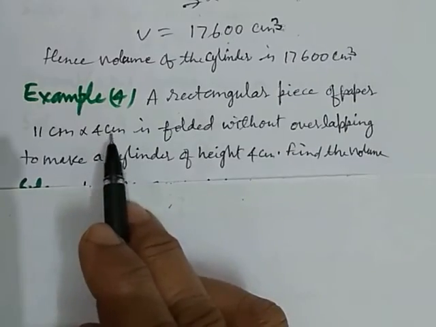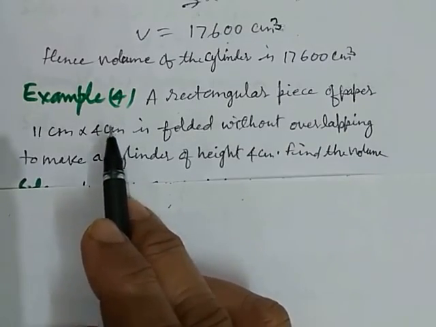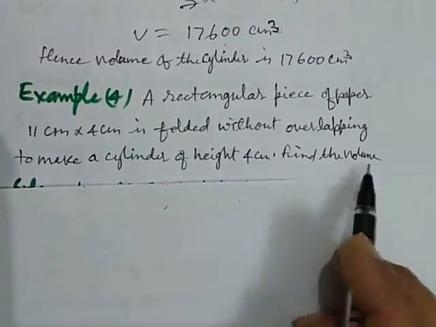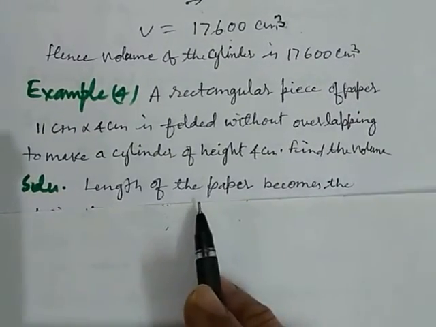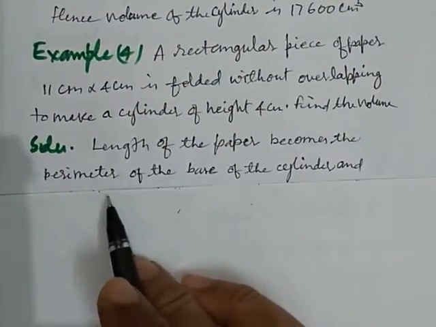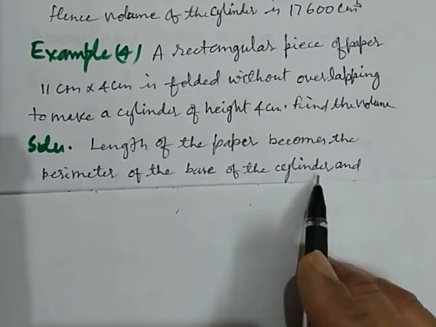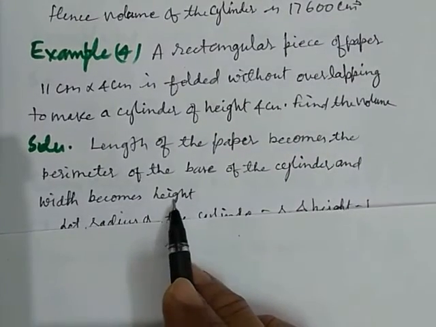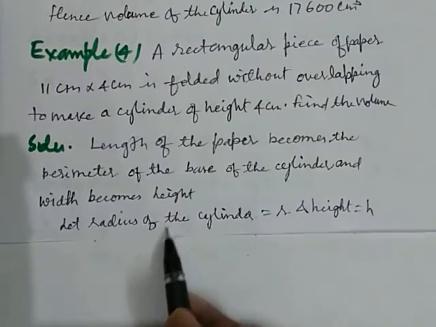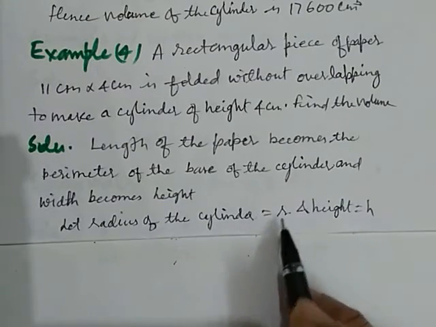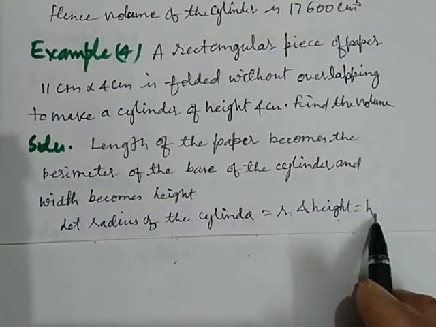That is, we fold this paper along the width. Find the volume of the cylinder. Length of the paper becomes the perimeter of the base of the cylinder, and width becomes height, as in the previous problem. So let the radius of the cylinder be r and height be h.